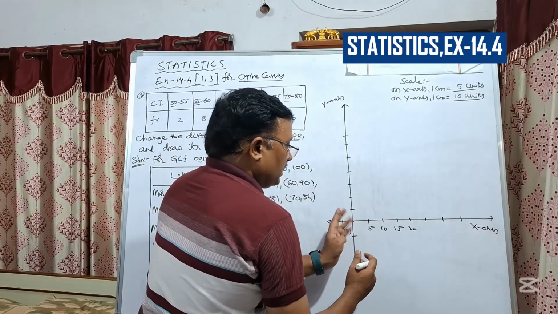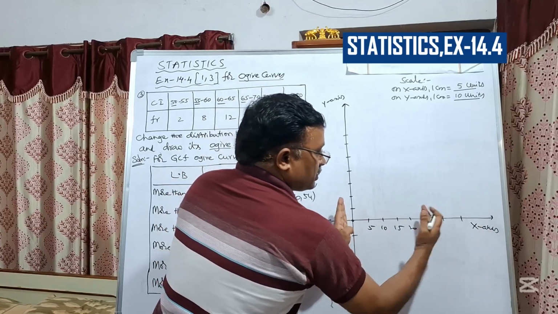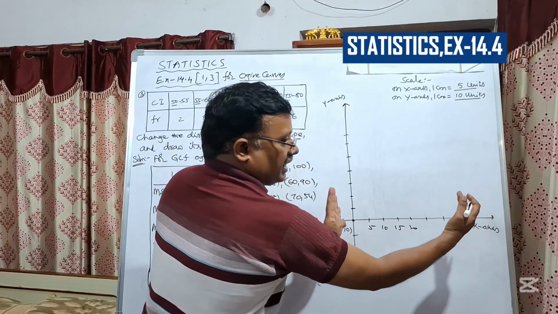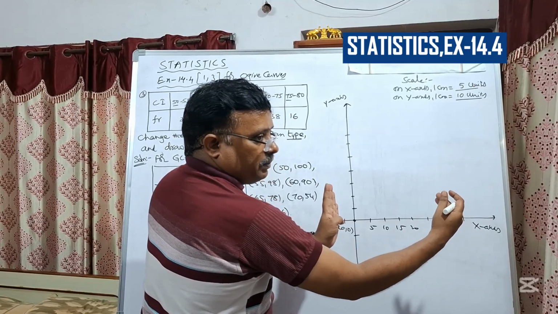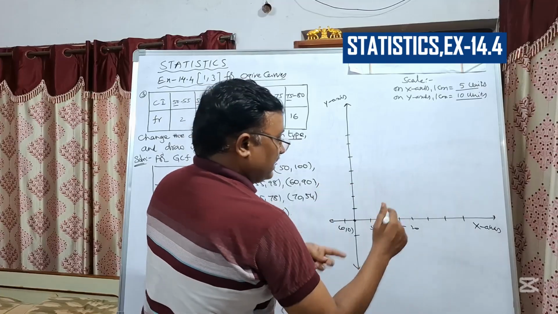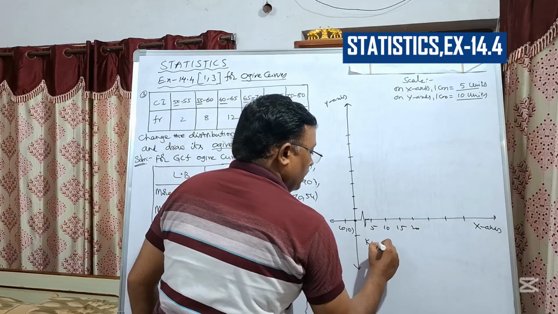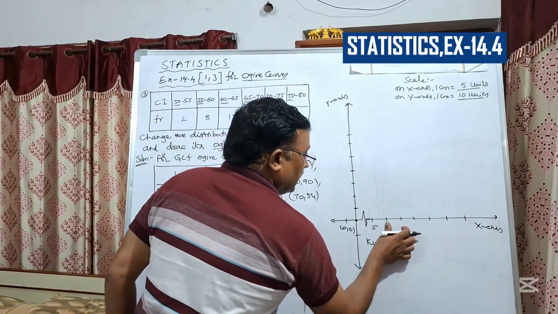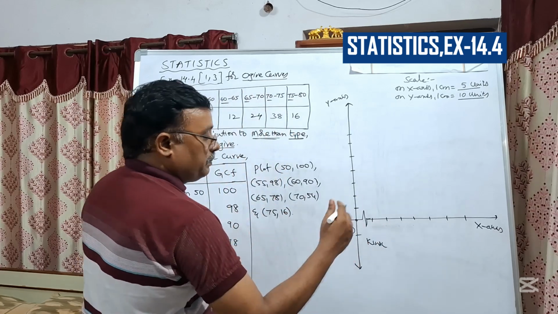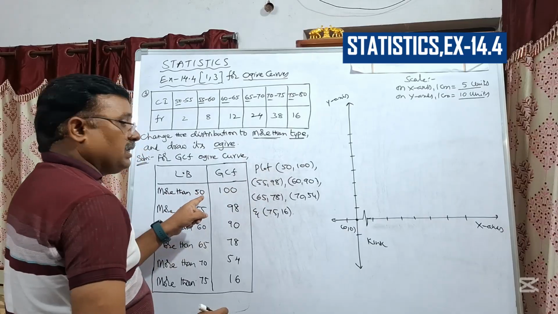From x value 0 up to the required value 50, this part of the graph paper Cartesian system is a waste for us. That's why, to utilize it properly, cut it and link it. That is called a kink. Already I told you, I used a kink. Understood? Using a kink, we can eliminate the unnecessary part and start with our required value. In the points or in the table, it will be there.